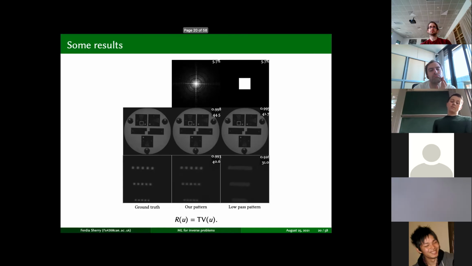So the conclusion of this bilevel learning approach to learning sampling patterns is that we can do it. It's nice that your reconstruction is still a variational regularization reconstruction, so you have the stability of this approach.